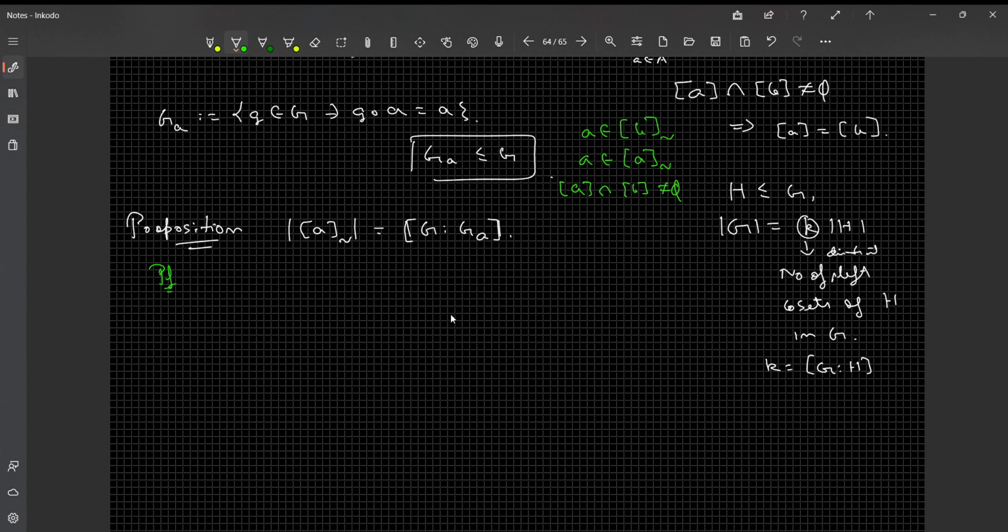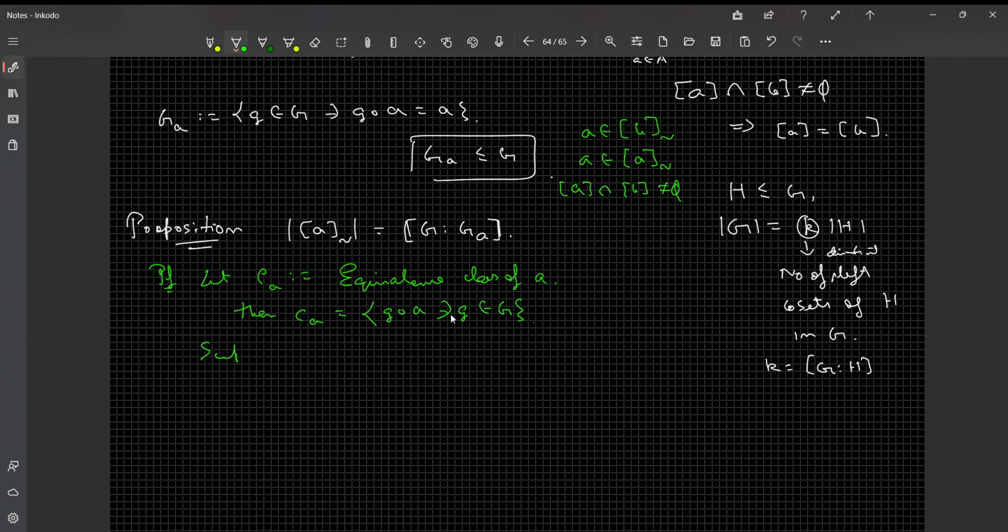So let us come up with the proof. We define a bijection from the left cosets of GA to the elements of the equivalence class of A. How do we do that? Let CA be the equivalence class of A. Then CA consists of the elements of the form gA such that g is in G. This is direct from the definition of an equivalence class.